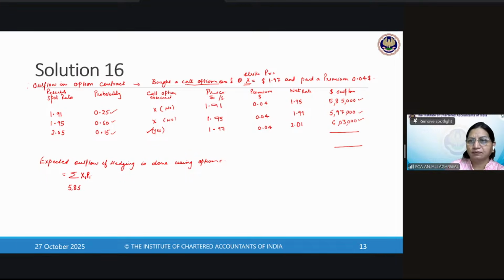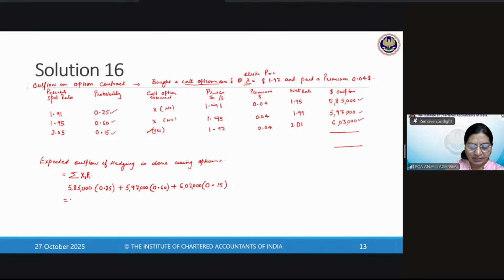So the expected value will be 5,85,000 multiplied by 0.25 plus 5,97,000 multiplied by the respective probability 0.60 plus 6,03,000 multiplied by the respective probability of 0.15.